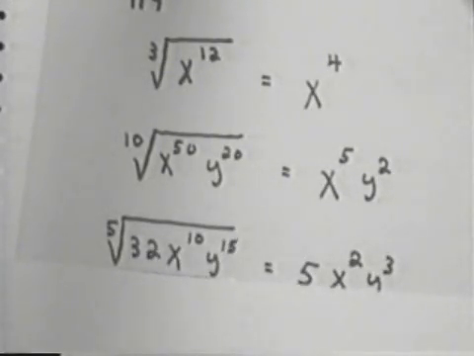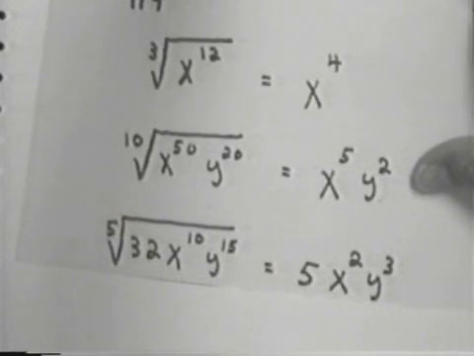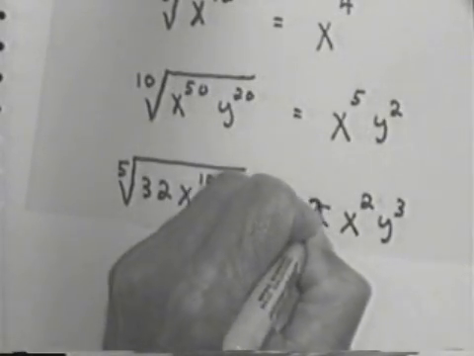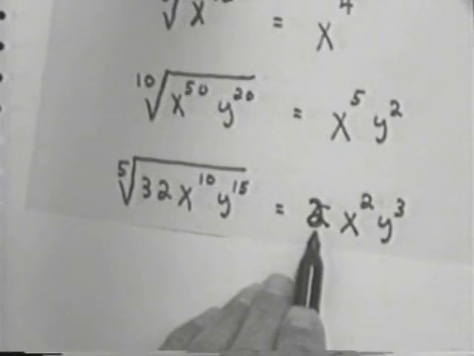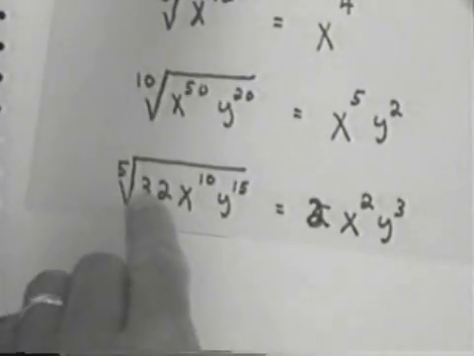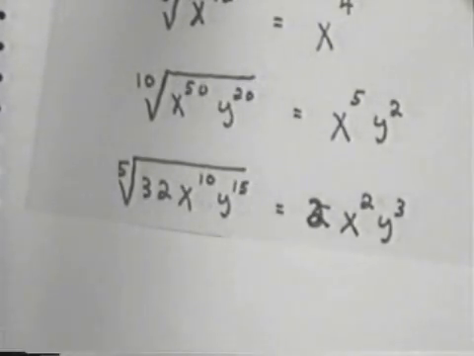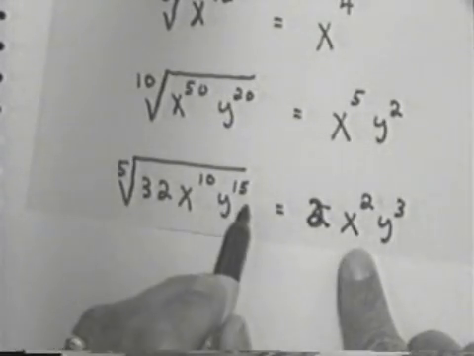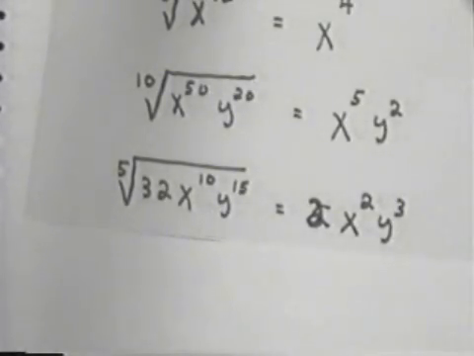The 5th root of 32, x to the 10th, y cubed, is going to be 2, because the 5th root of 32 is 2, since 2 times 2 times 2 times 2 times 2 is 32, and then it would be x squared, 5 going into 10, 2, y cubed, 5 going into 15, 3.